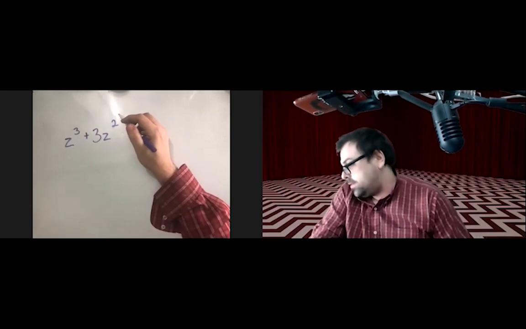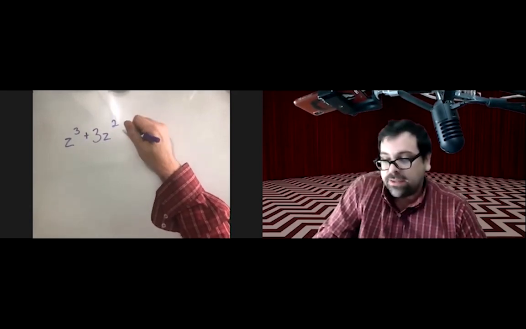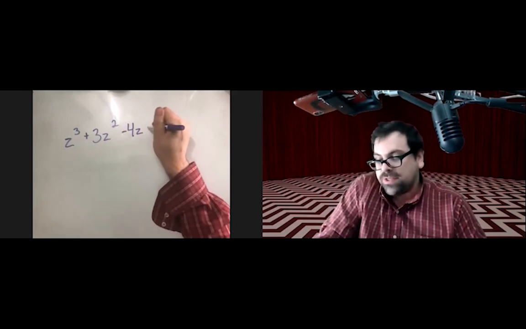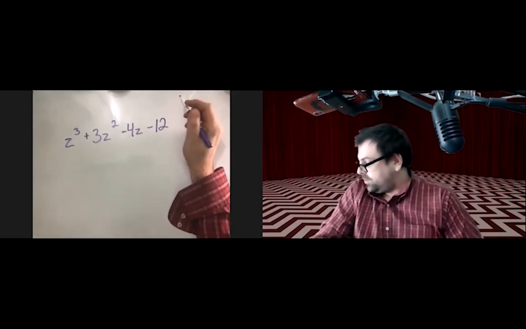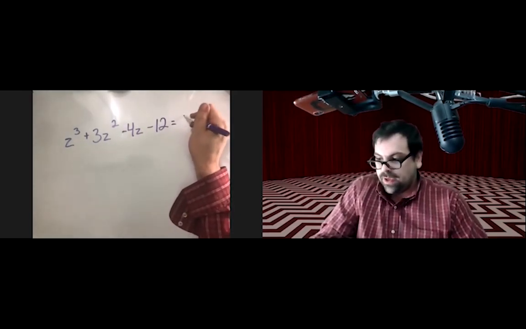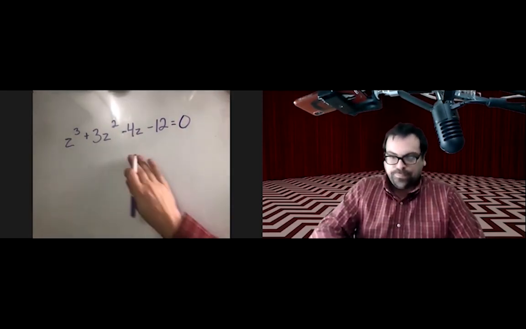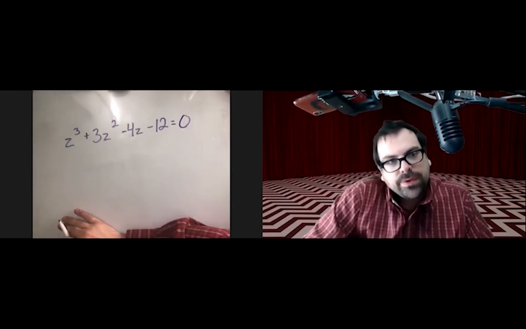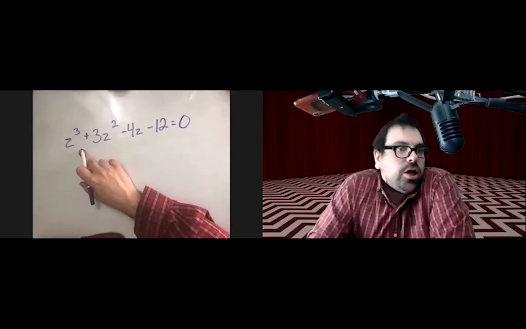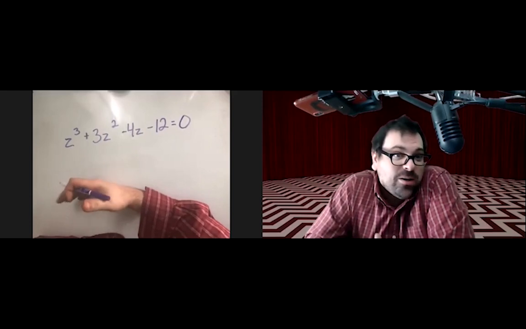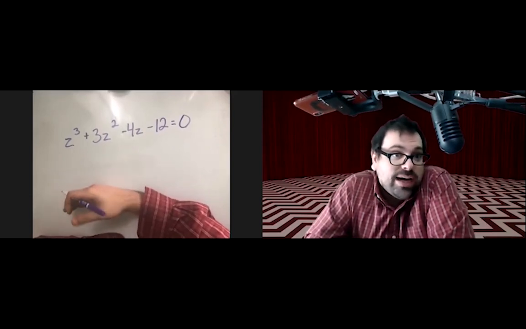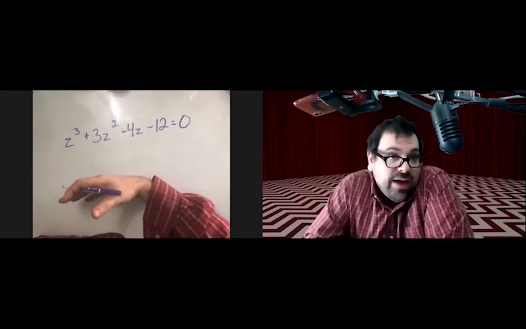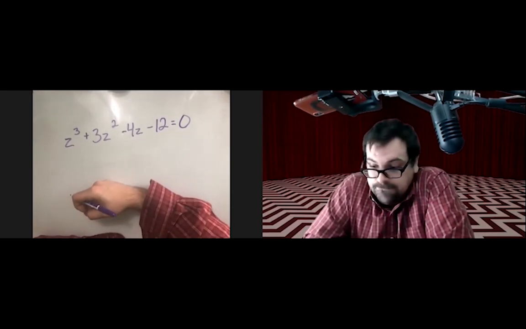z cubed plus 3z squared minus 4z minus 12 equals 0. Sometimes we can solve a cubic or a higher power, something that's not quadratic. Sometimes we can solve those using factoring as well.